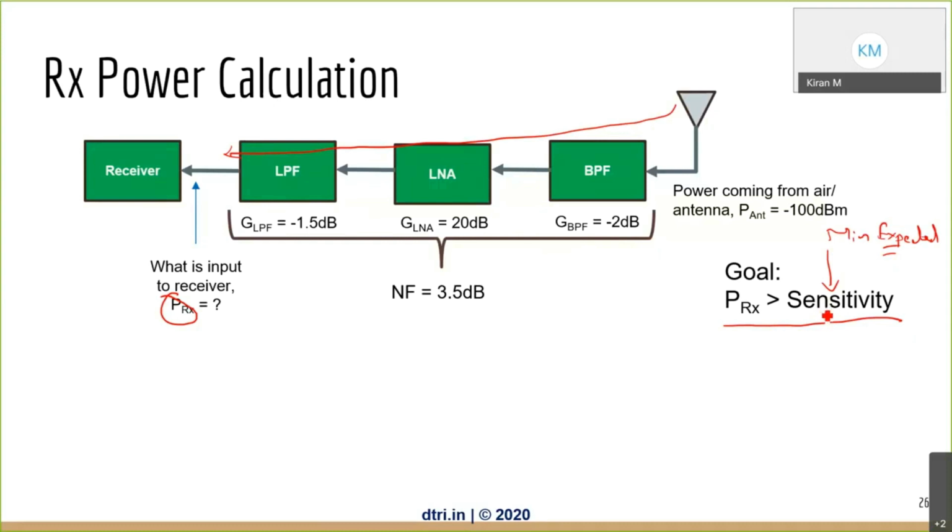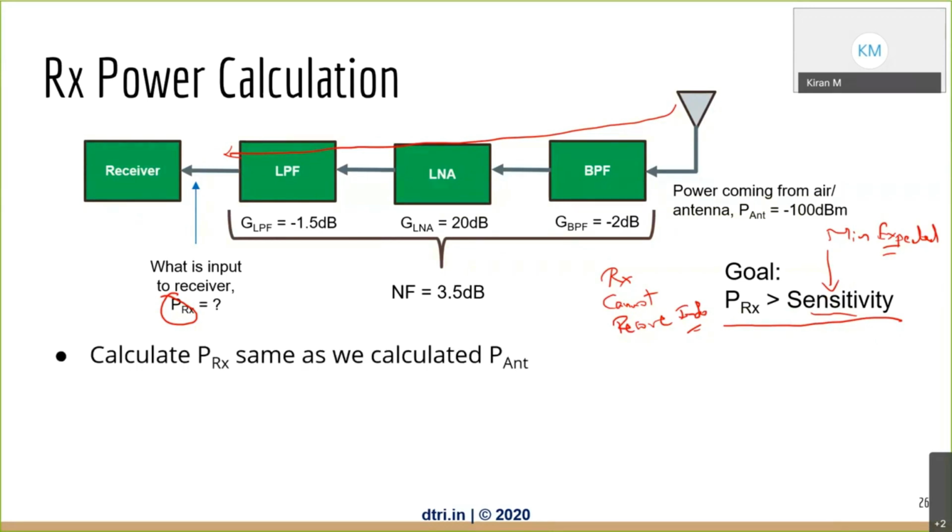If the signal is not at least the sensitivity, then your receiver cannot recover the information. So you need at least this minimum sensitivity level. Let's see if this design meets that requirement. That's the goal of this calculation.